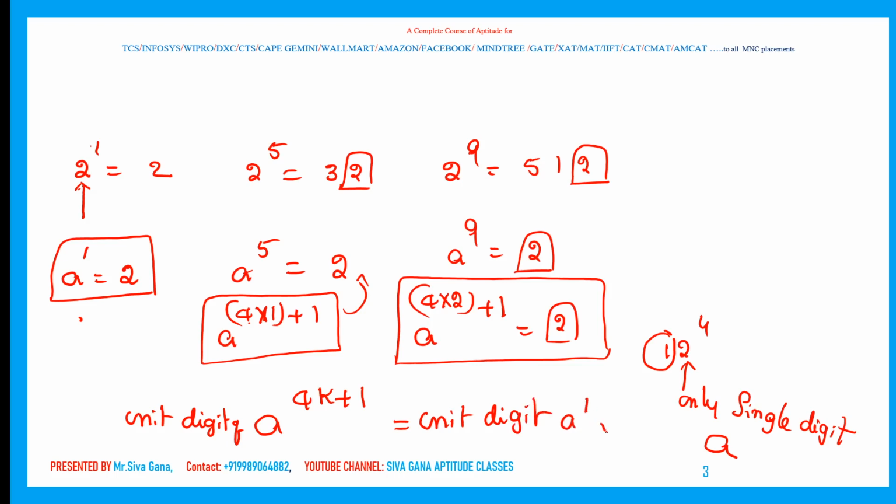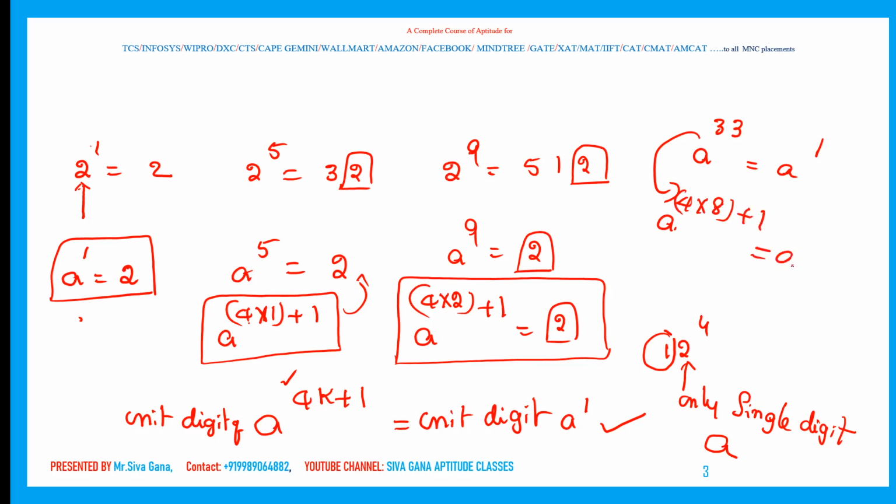This is the final conclusion here. Power is in which form? 4k plus 1. Right? A power 4k plus 1 unit digit is the same as a power 1, which means a power 33 has the same unit digit as a power 1, because a power 33 is nothing but 4 into 8 plus 1.